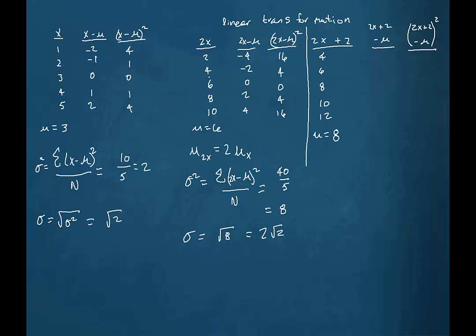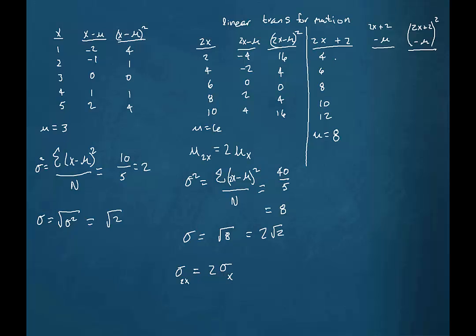So when we multiply each data value by 2, we got a standard deviation that was twice the original standard deviation. So we might write that in the same way that we did here. Sigma, when we multiply each data value by 2, gives us twice the standard deviation of the original data set.